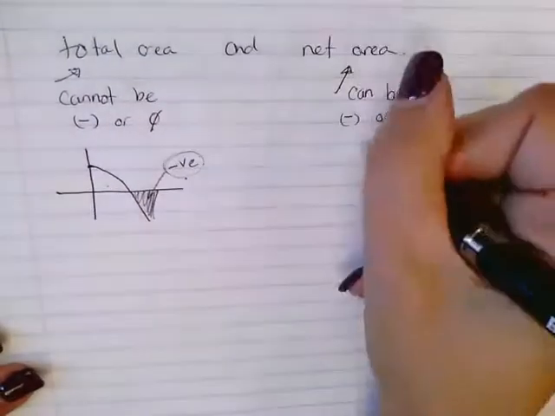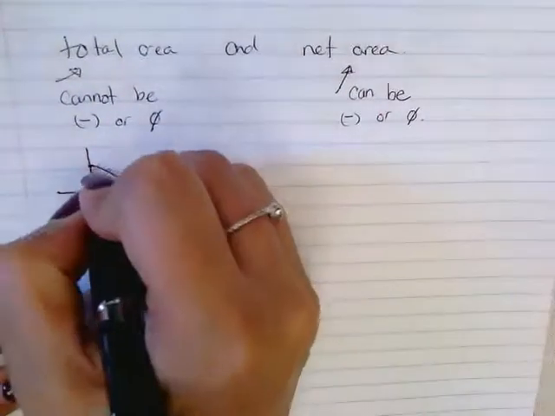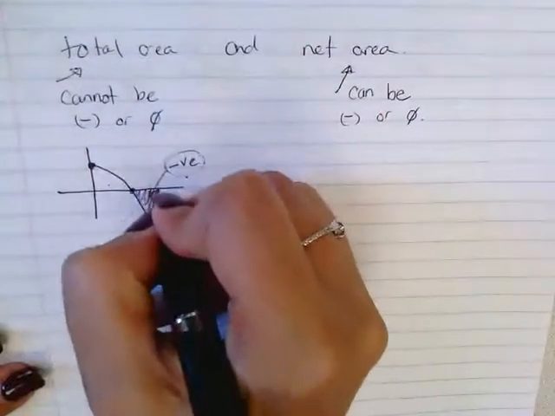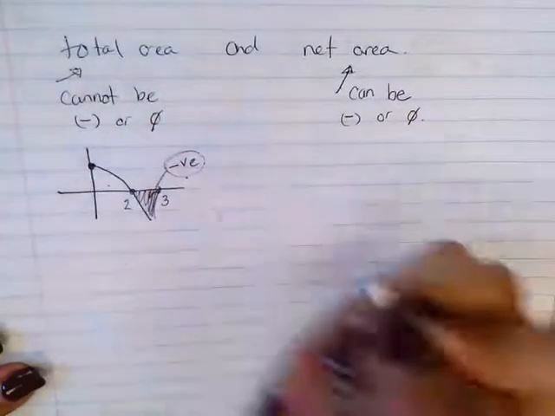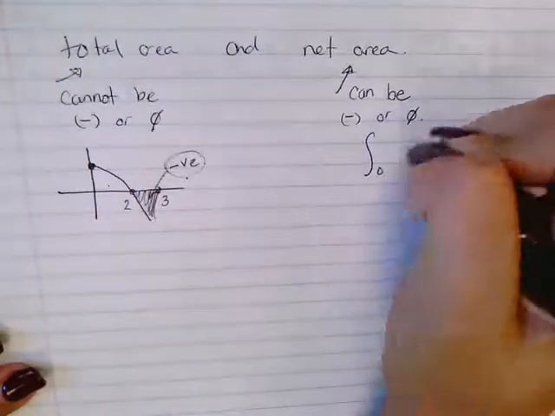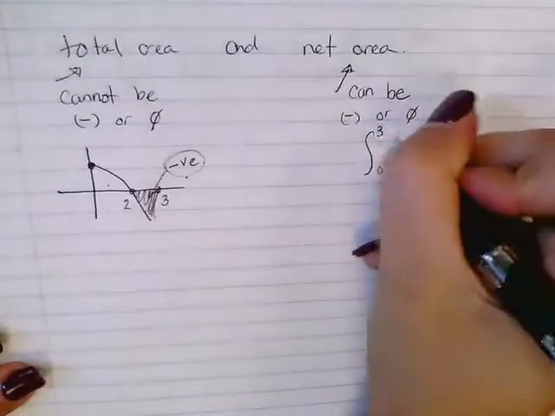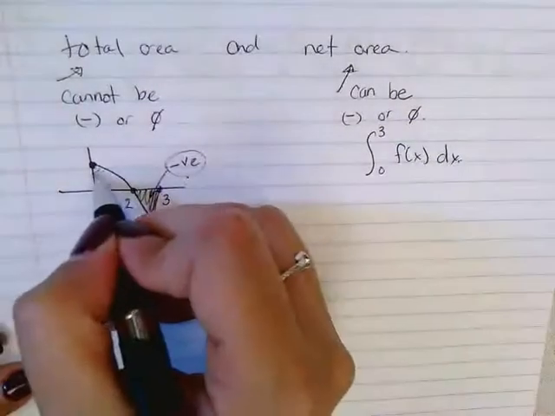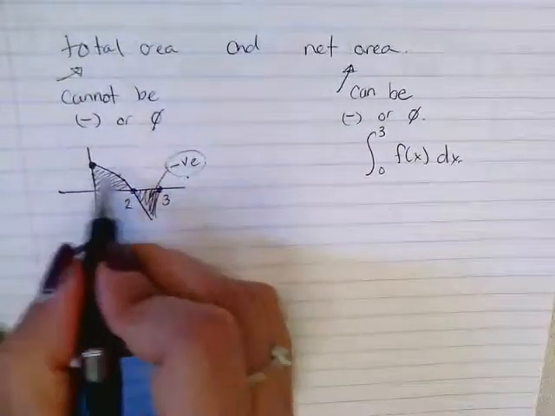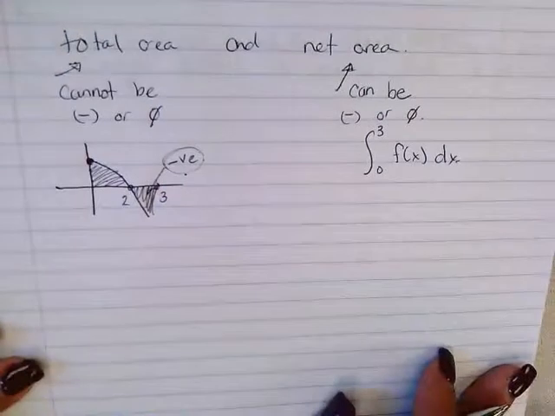Okay? And remember, for net area, let's just use this as an example. So if this is 0, 2, 3, for the net area you can find the integral from 0 to 3 of that function, all of it, and it will give you all the areas as it's supposed to be.